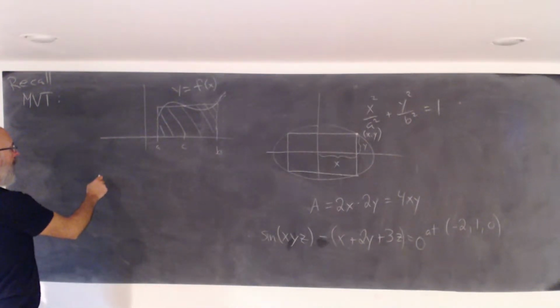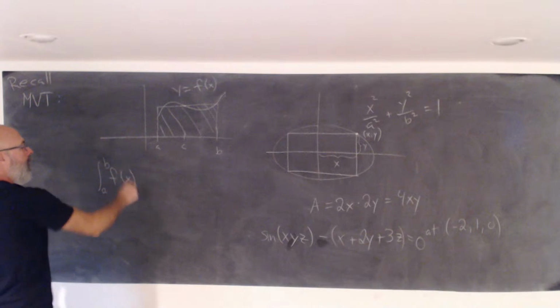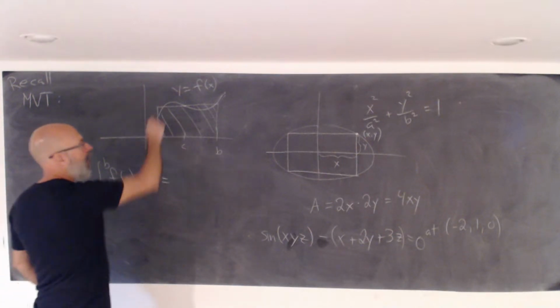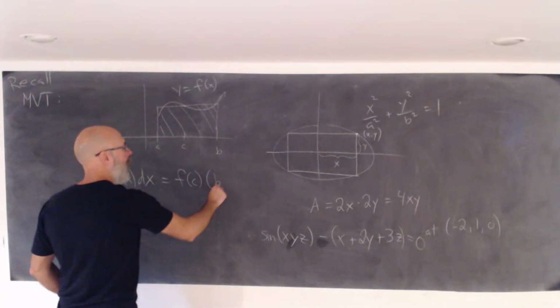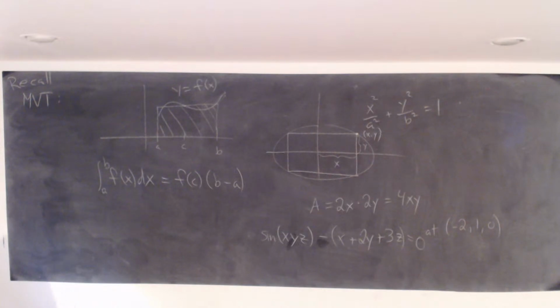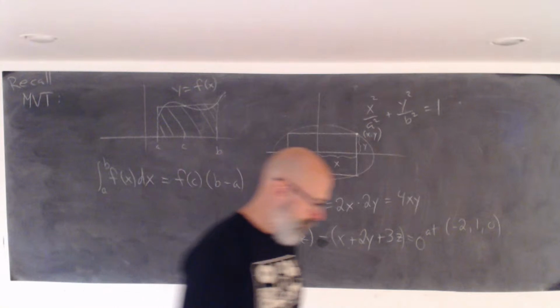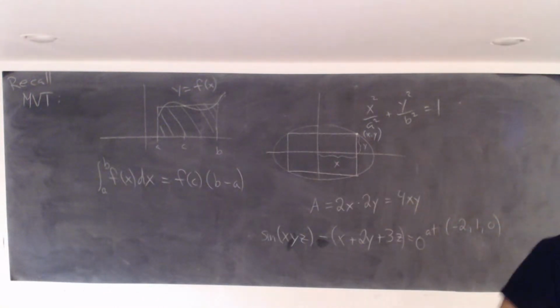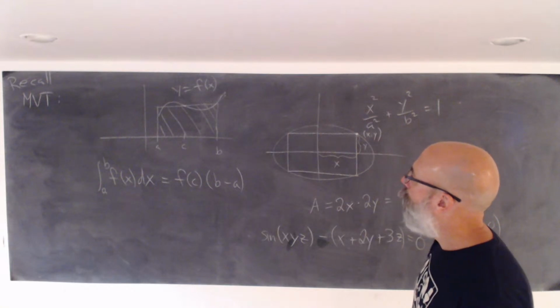So the area underneath the graph, which is the integral, is the same as the area of this rectangle, which is height times width, as long as your function f is continuous. That was the mean value theorem in Cal 2.